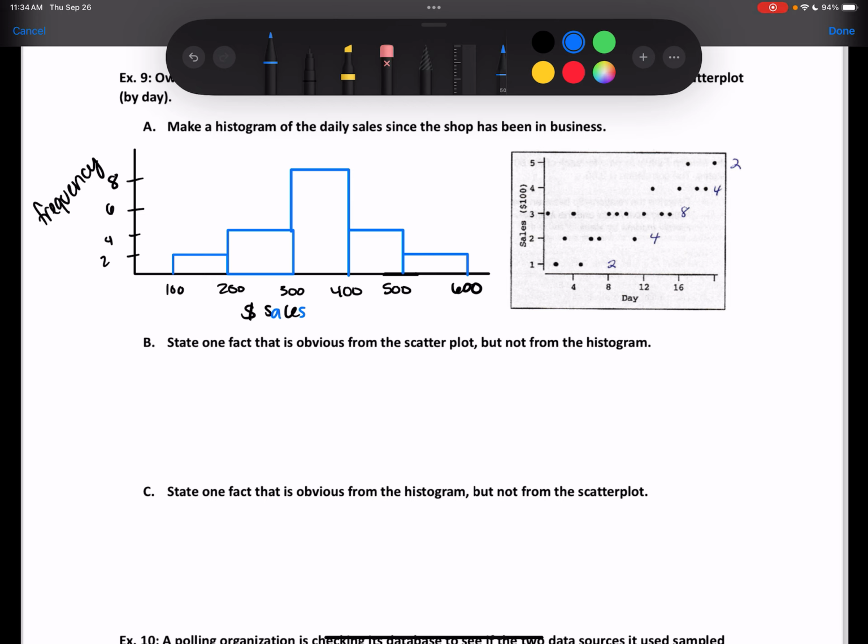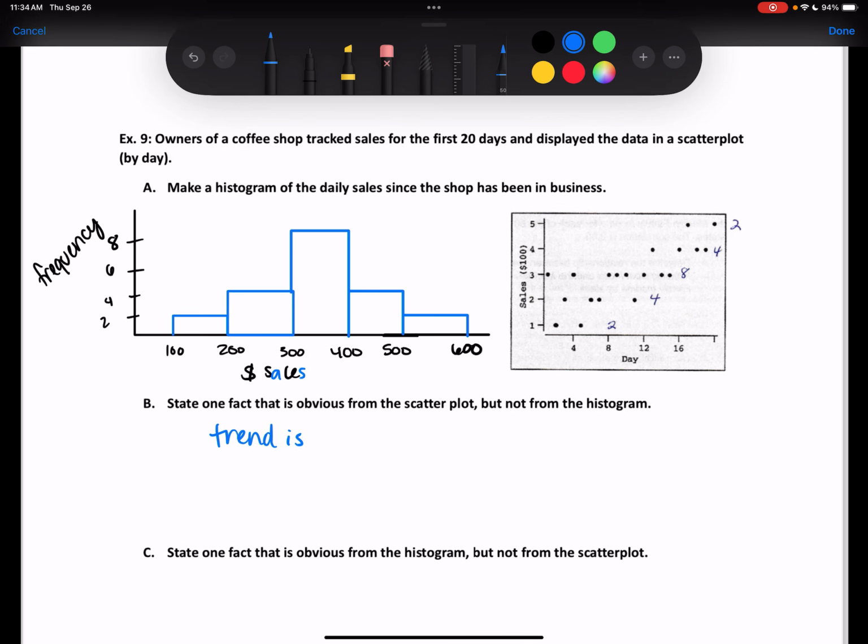So we can see that the trend is that sales are increasing over time. I'll go ahead and wrap up C really fast.